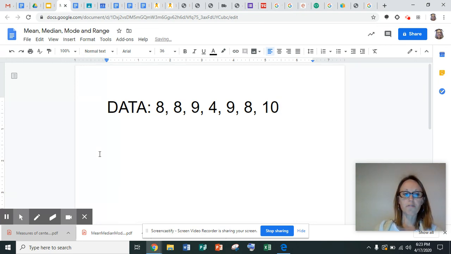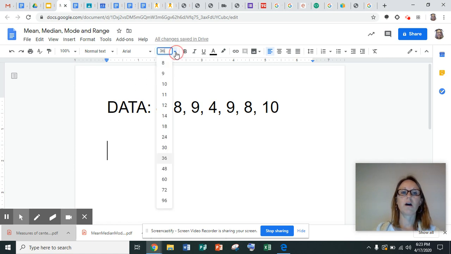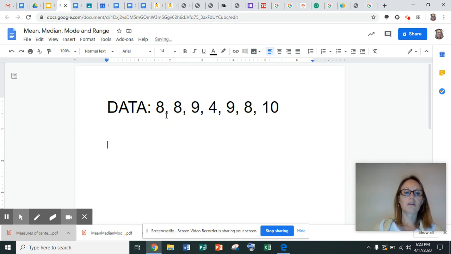So when you have to find the mean of a set of data, and I'm going to post that anchor chart so you guys can refer back to it, the mean or the average is when you add up all of those numbers.